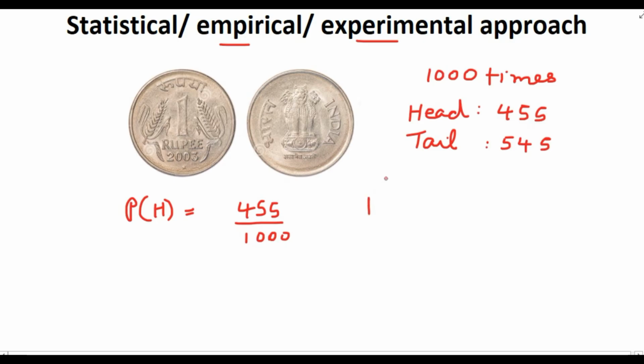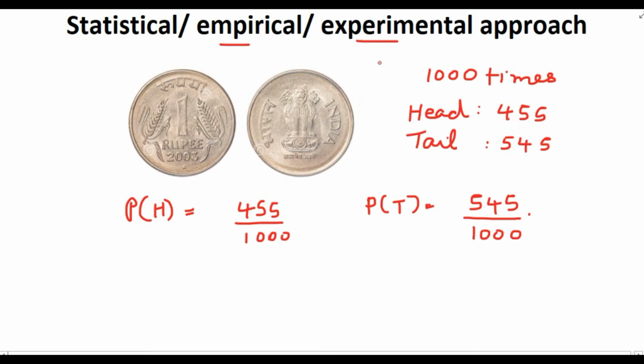In the same way, what is the probability of getting the tail? I got the tail 545 times, and the total trials is 1000. So 545 divided by 1000. These probabilities are based on the result of an actual experiment of tossing a coin 1000 times. For this reason, they are called experimental or empirical probability.